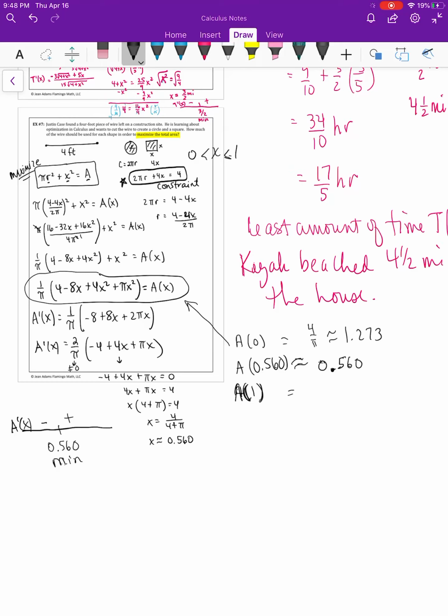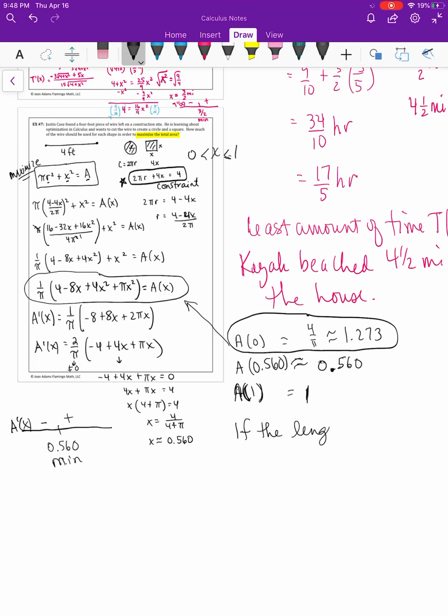And if I put 0.560 in, I get approximately 0.560. And then if I put in a 1, this is negative 4 plus 4, I'm going to get 1, because I got pi over pi. So which one is the maximum? This one is the maximum.